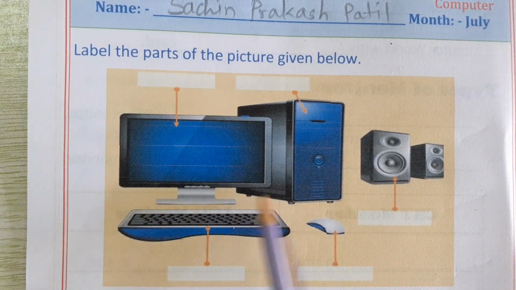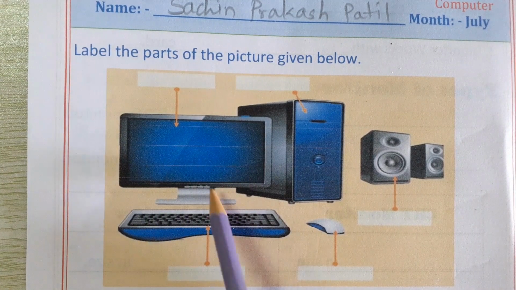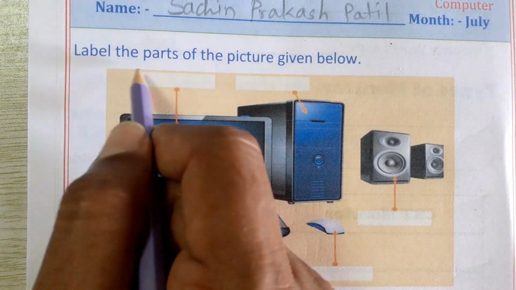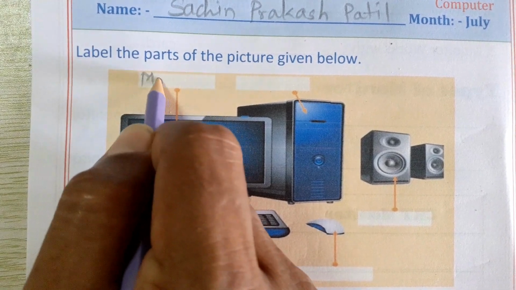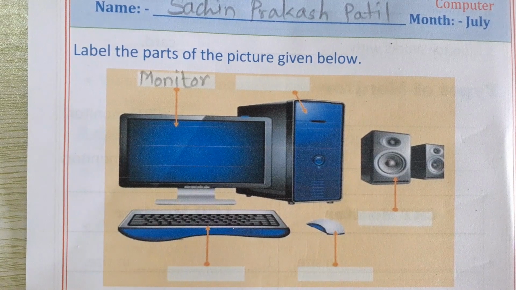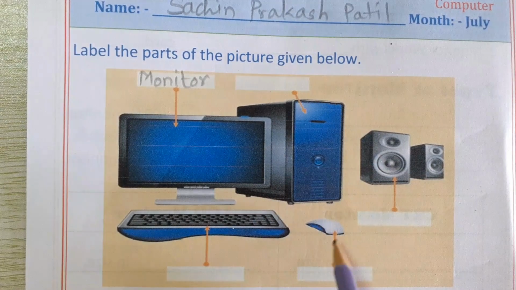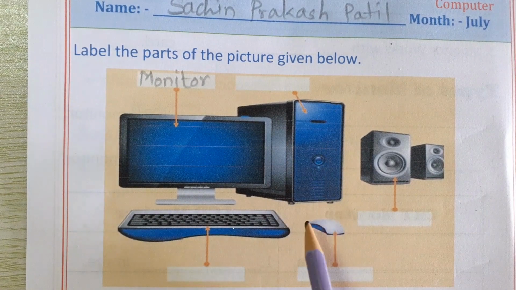See, now it is a TV like screen. What is it called? Monitor. So you write here monitor. Now this is one small box. What is it called?